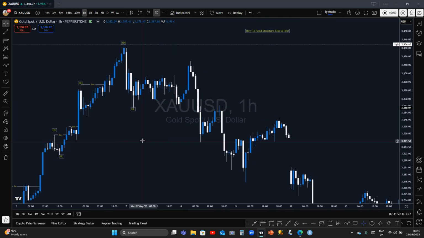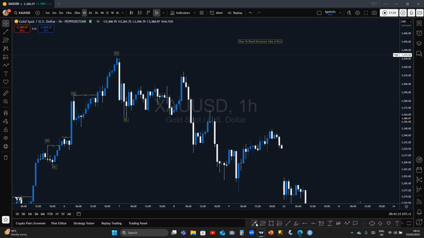Now, you see anytime price breaks above this level, you see when price came back, it created a support here. Even though there was a support here, fine, it created another support here. That is a higher low.